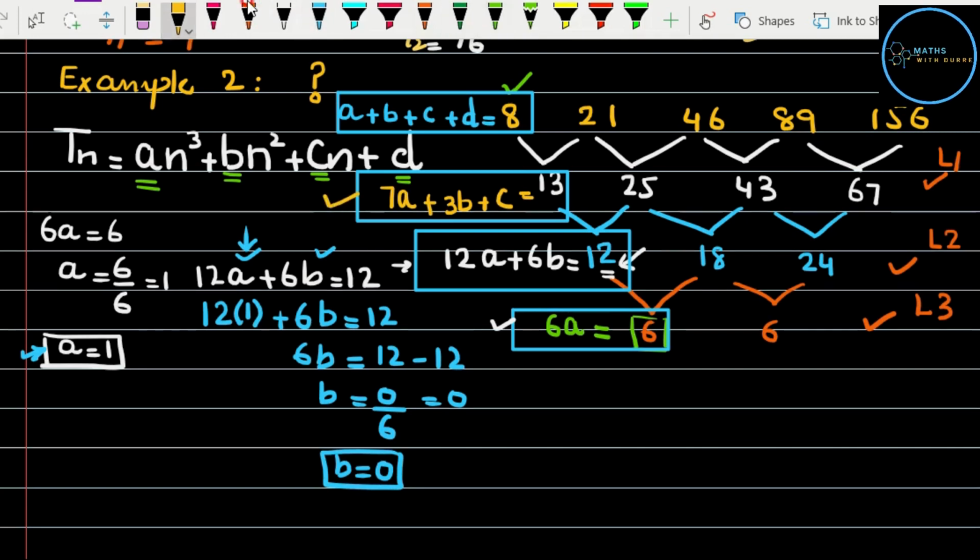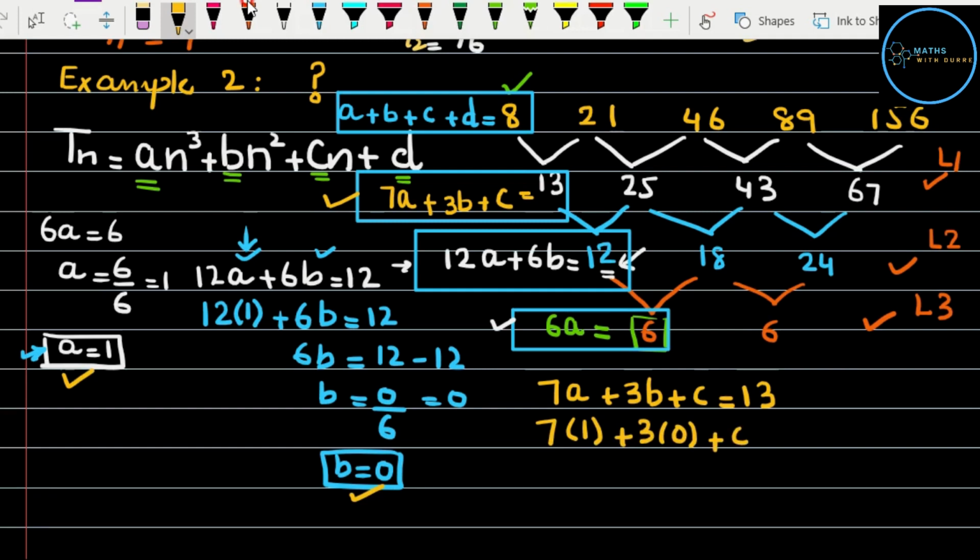Let's move towards the third equation, that is 7a + 3b + c = 13. You know the value of a, you know the value of b, substitute them and get the answer. B is 0.